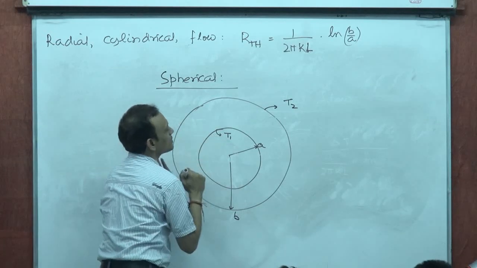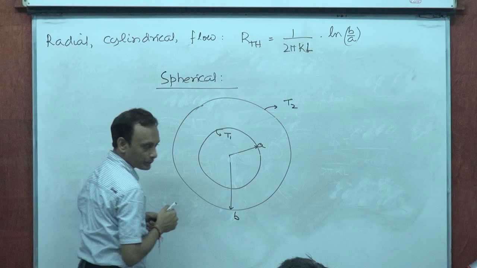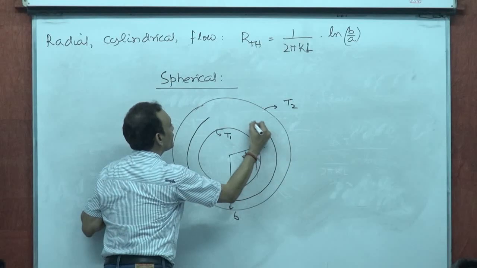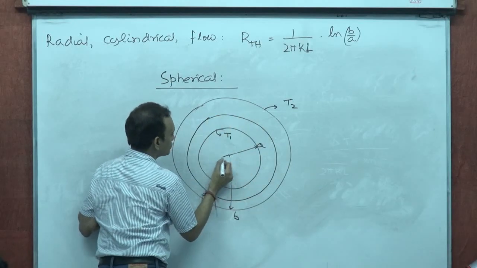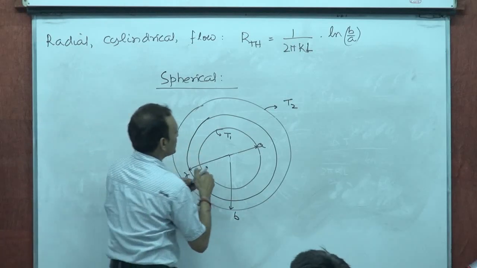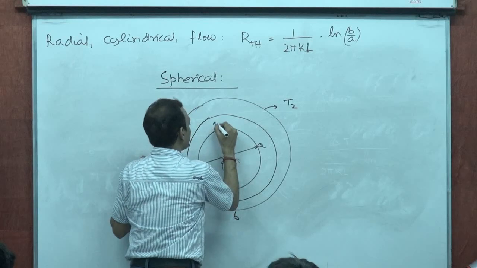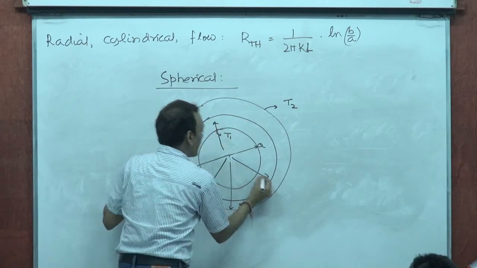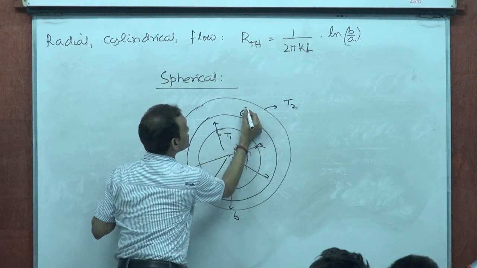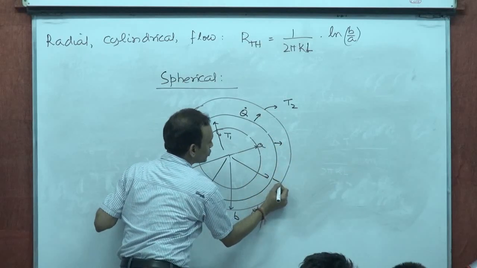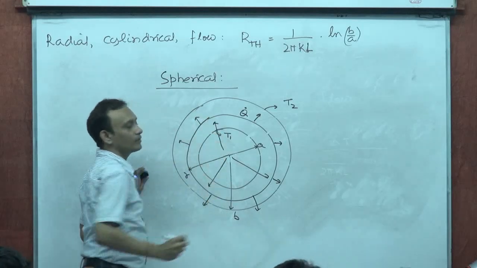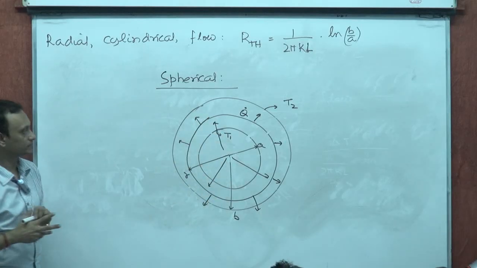And K is the thermal conductivity. During the flow, the heat current will pass through a sphere of radius r. I am talking of a radial flow of heat. And let's say Q dot is the heat current associated with it.